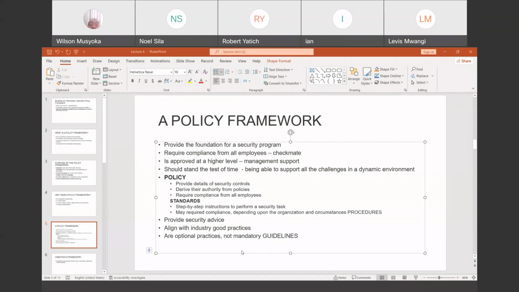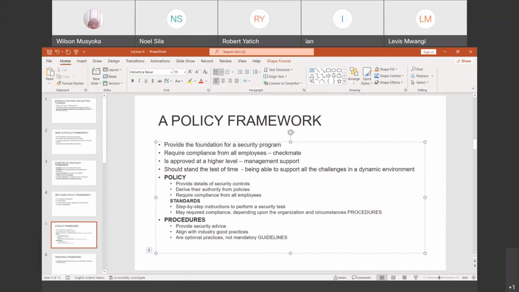There are some organizations which may not require compliance, others may require compliance, like the example of credit cards, meaning that they need to have adherence to some standards. But when we look at other organizations, maybe like education institutions, there may be some leeway on how you are going to look at them.